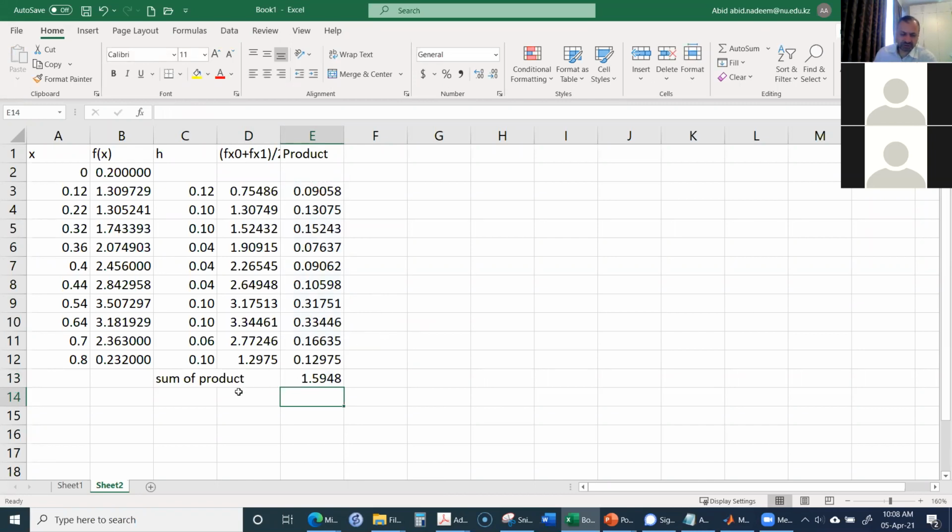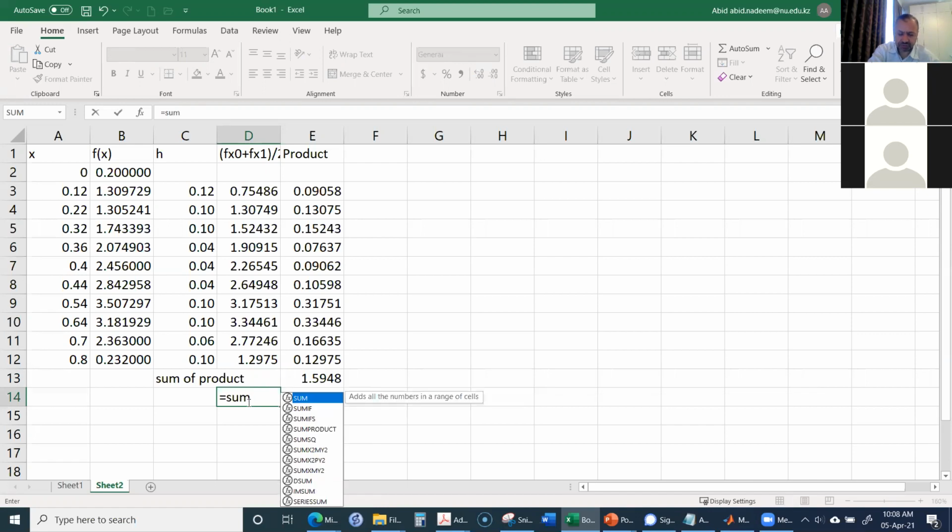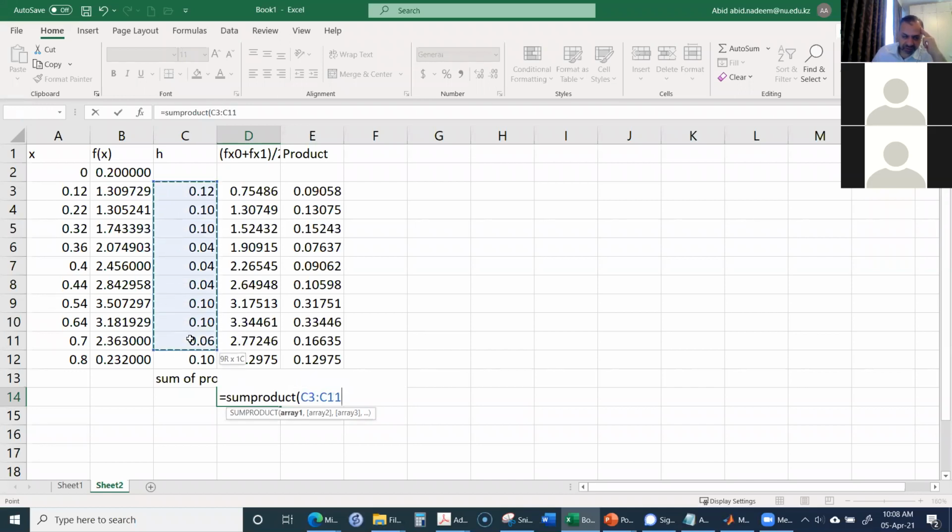Okay. Or in Excel, you can even get this answer directly by the SUMPRODUCT formula. In the SUMPRODUCT, we will first put this array, and then I will put the second array. In this case, Excel will multiply the corresponding values of these arrays and then add them together.